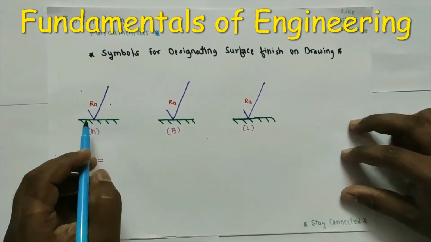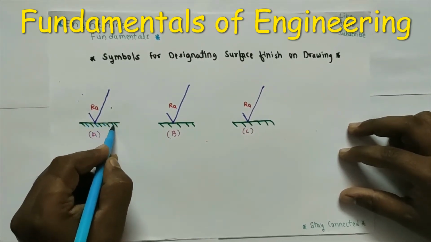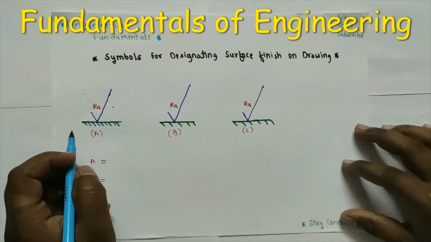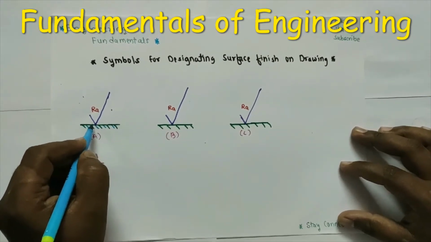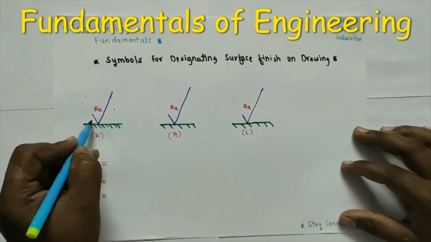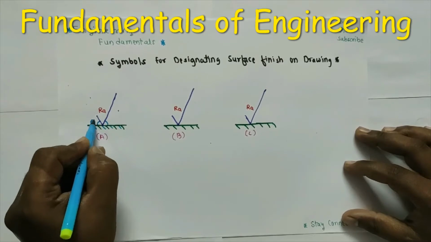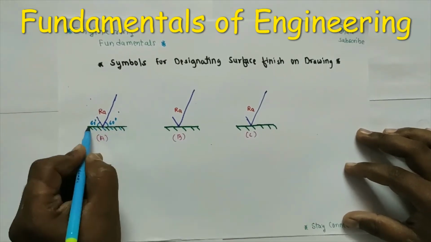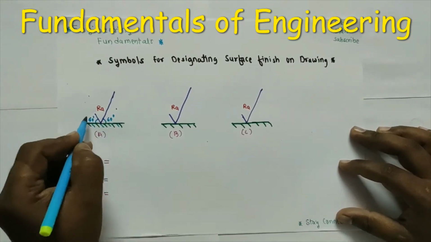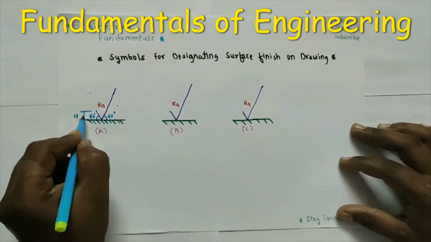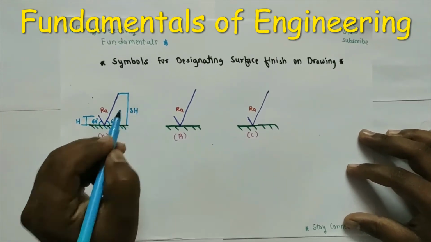The surface roughness is measured on a surface which is machined in a process. Here, the roughness is shown on a drawing by taking two lines at 60 degrees to the surface which is checked, one a small line and the other a larger line. If this is the edge and the small line's height is h, then the larger line will be 3h.